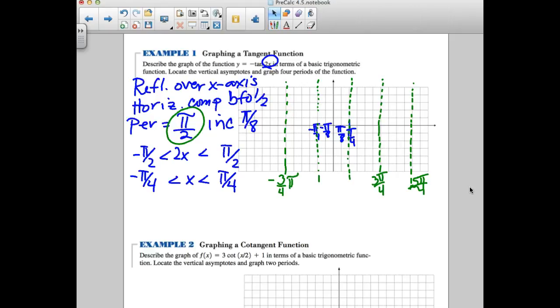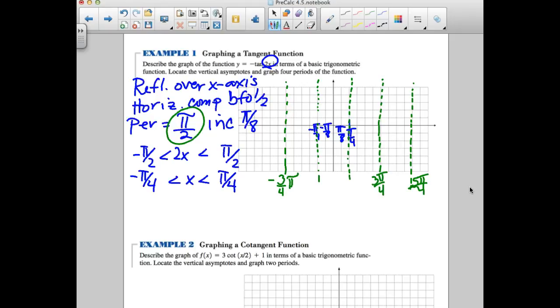Now, what did we say about the points? Which ones are we plotting? We're not plotting all the pi over 6s and the pi over 3s, right? We're doing the ones where the tangent, cotangent are 1s, 0s, negative 1s. It is a tangent curve, so normally it starts low and twists high, but what have we done to it?